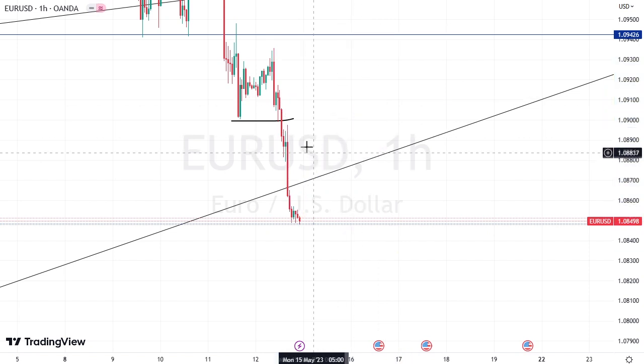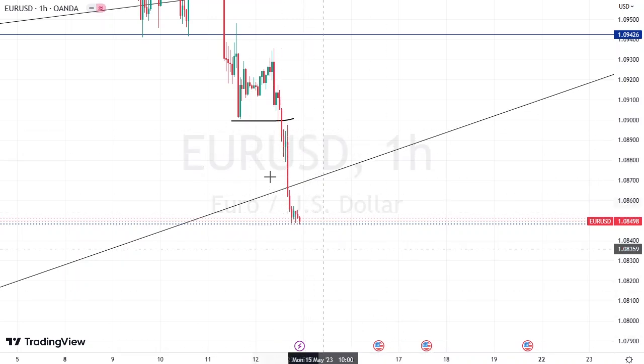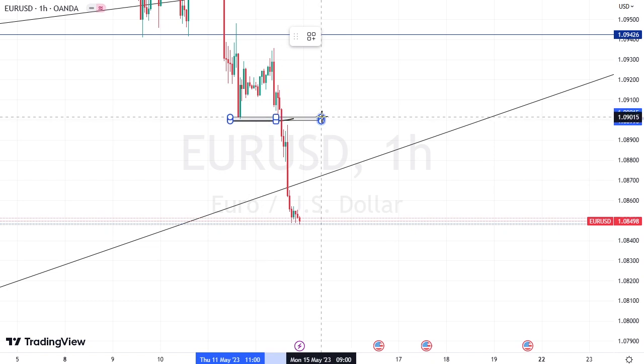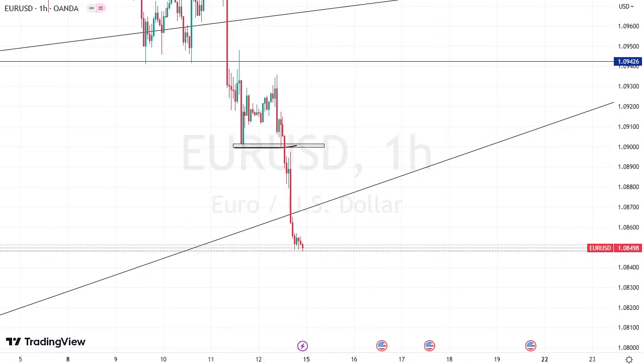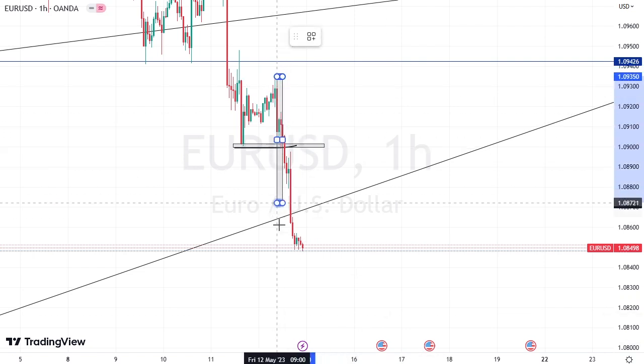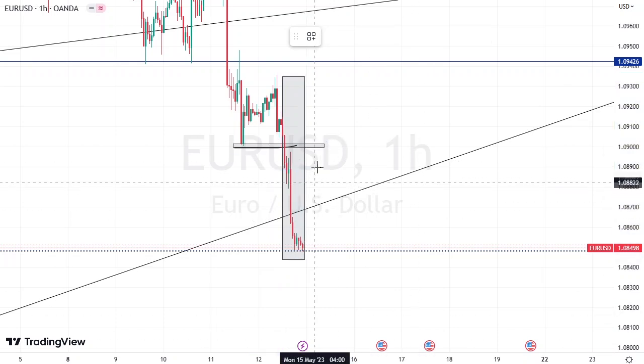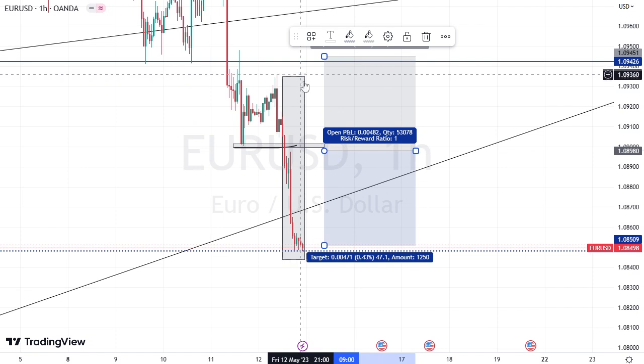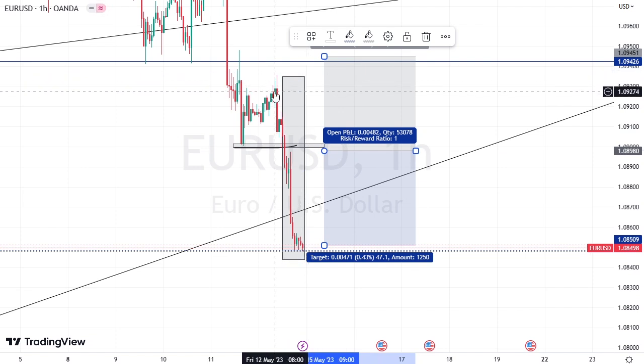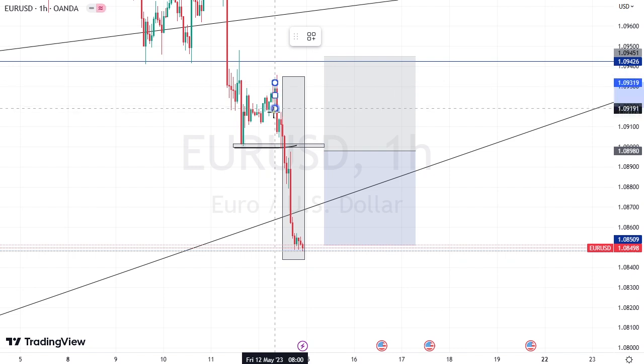So I would have something like this, then my risk ratio would be, remember I'm trading the height of the impulse, I'm trading this height. So I would enter where, right here, or the last candle before the impulse, here or here.